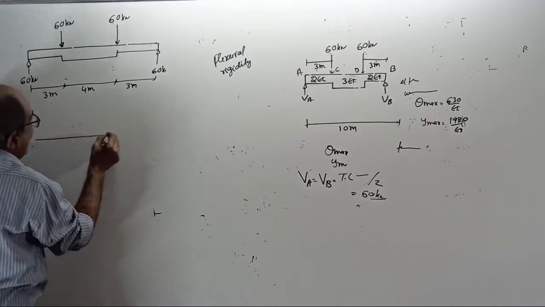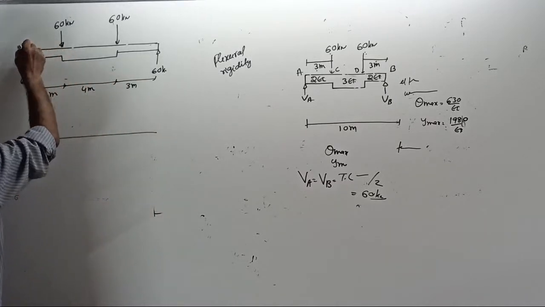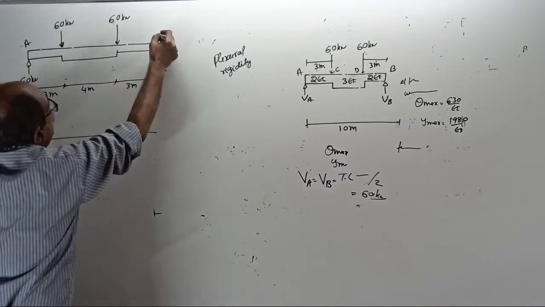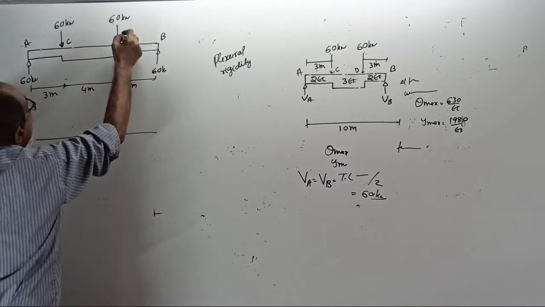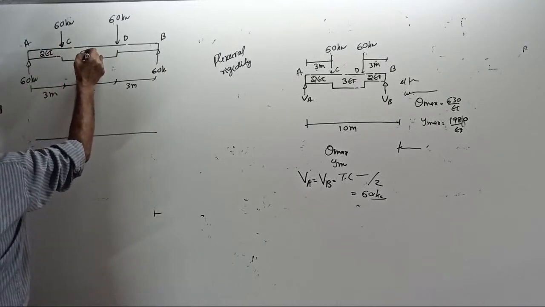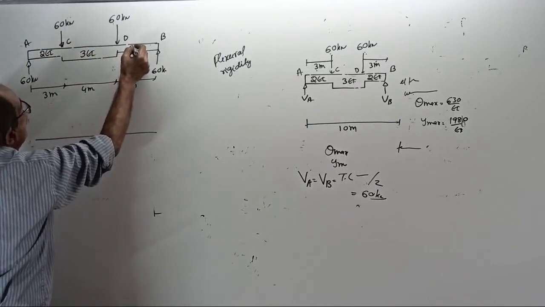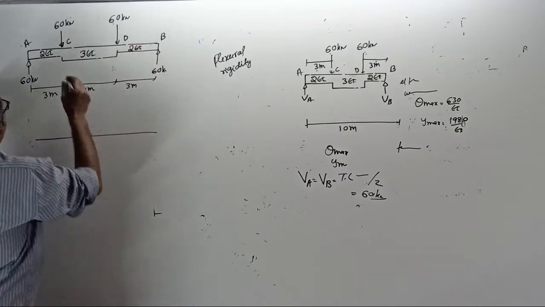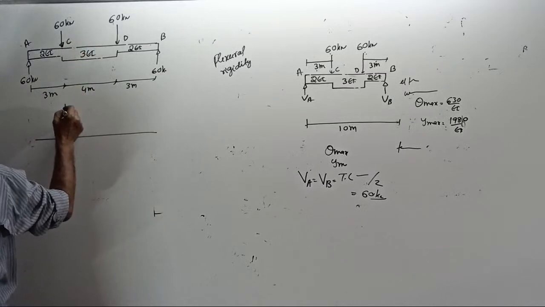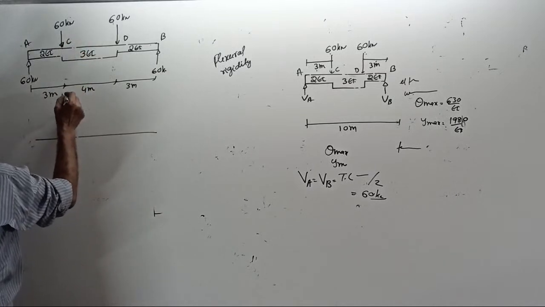Draw the bending moment diagram. BM 0 here, BM 0 here, A, B, C, D. So this is 2EI, this is 3EI, this is 2EI. Now, BM here is 60 into 3, 180. That much you should do, 180.